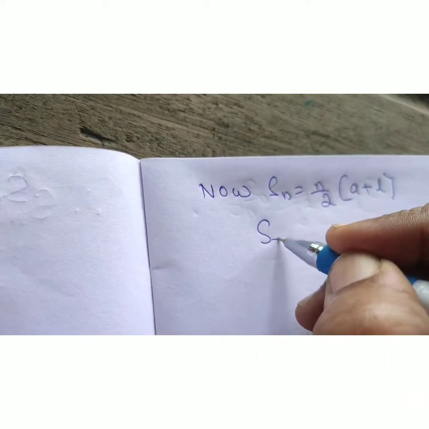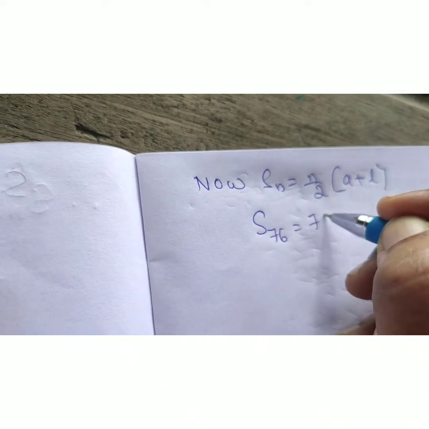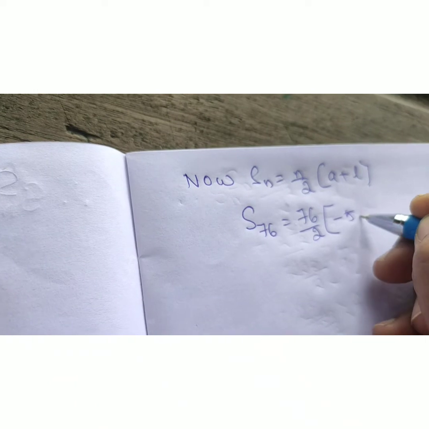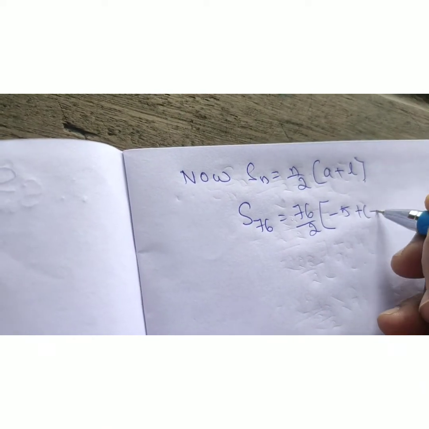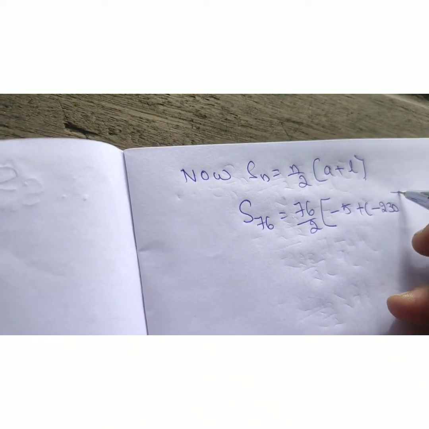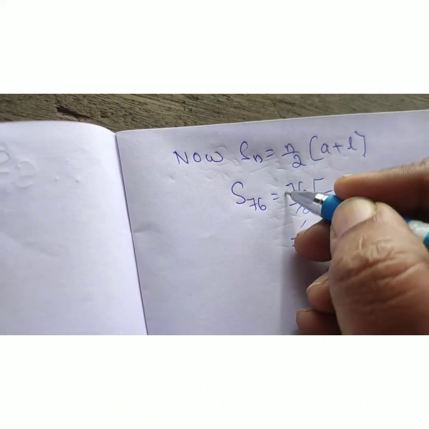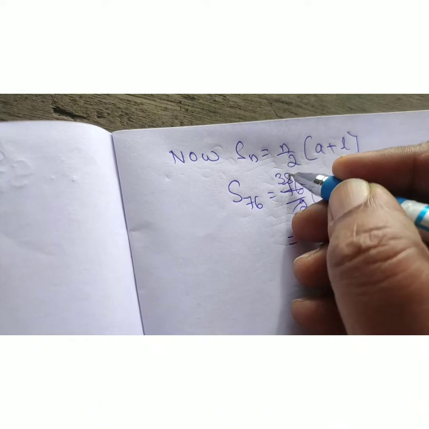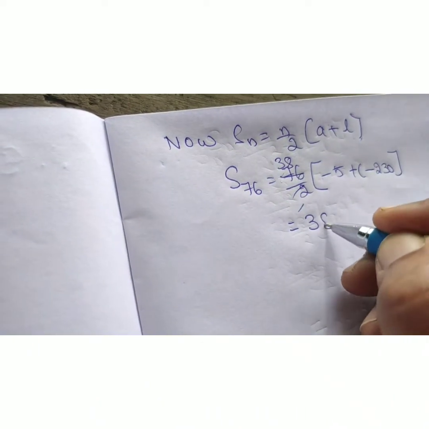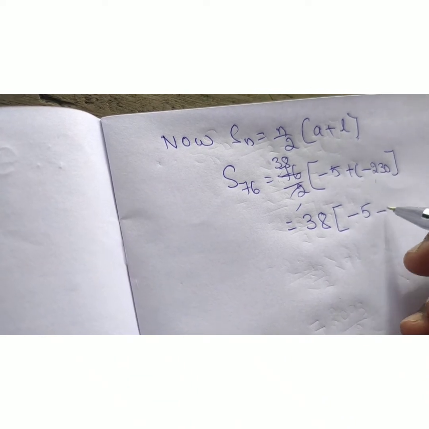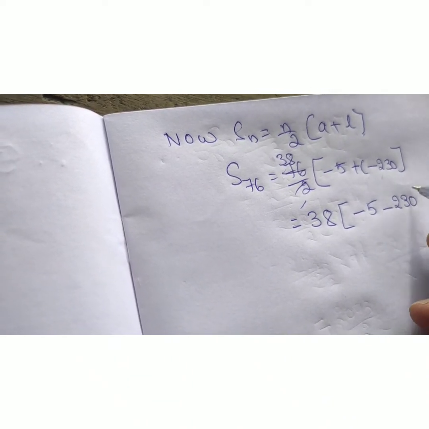So S76 will be 76 by 2 into a is minus 5 plus of minus 230. So simplify that. 2 1s are 2, 2 3s are 6, 2 8s are 16. So you have 38 here, and you have minus 5 plus minus 230, that is minus 235.